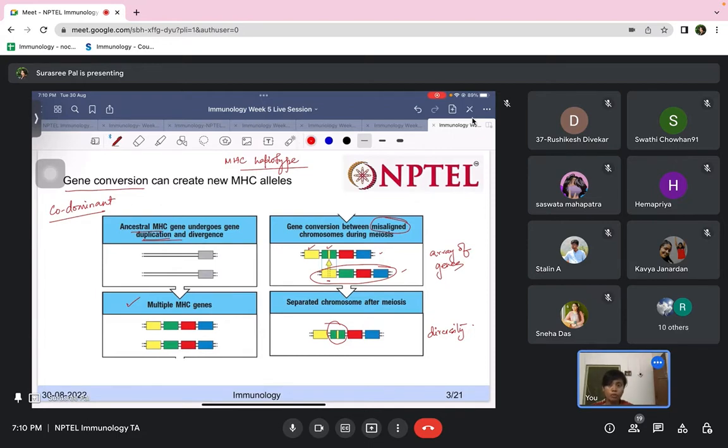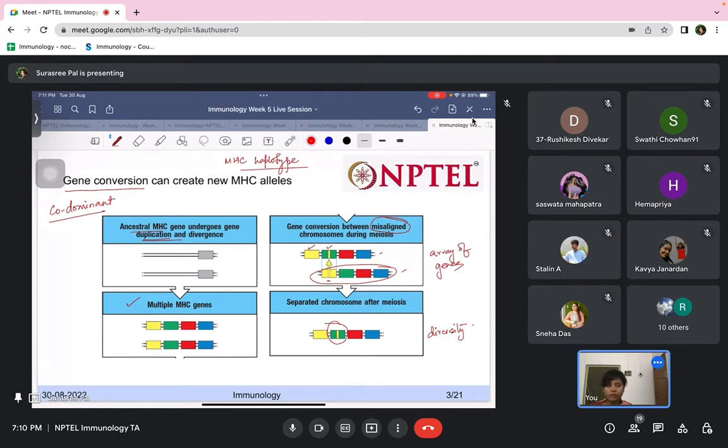That is why, if you have to do organ transplantation or tissue transplantation, graft rejection takes place, because the MHC molecules are not the same in any two individuals, right?